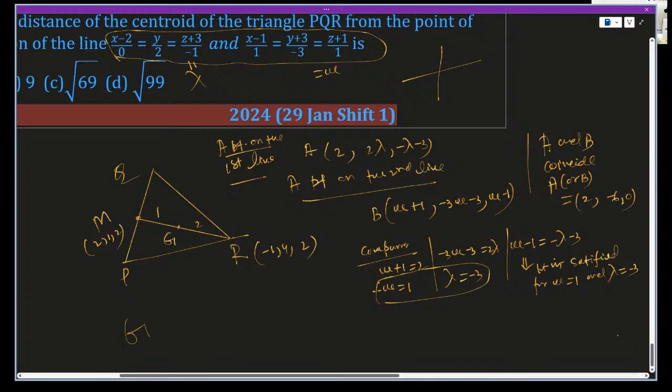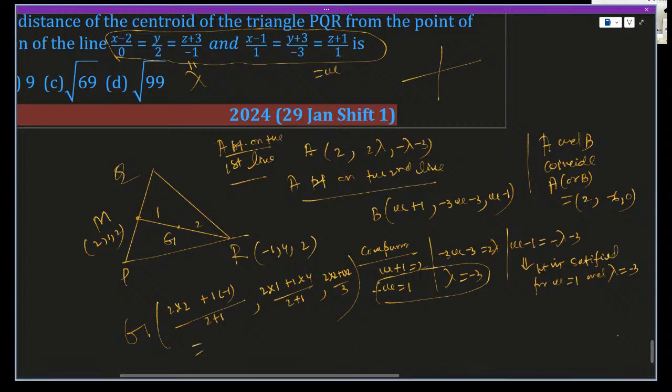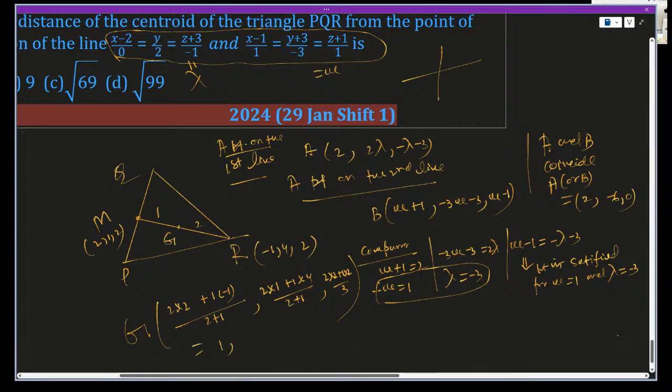And centroid G here is 1, 2, 4 plus 2, that is 2.